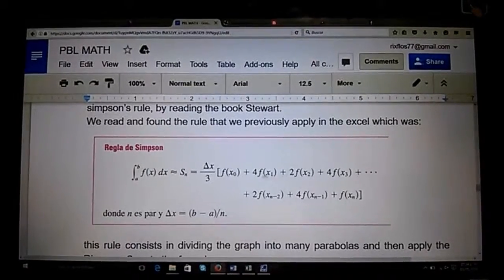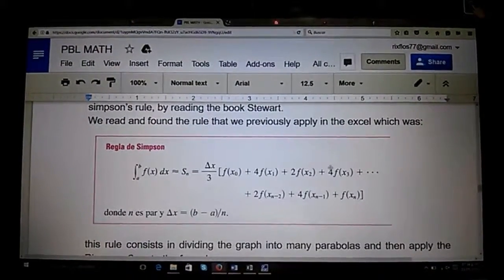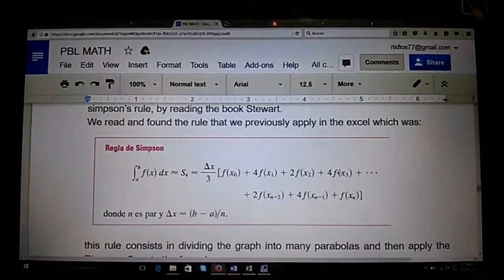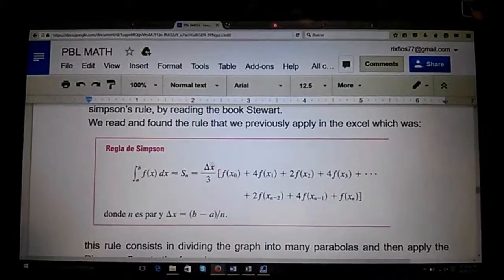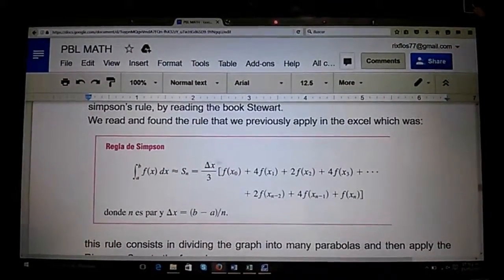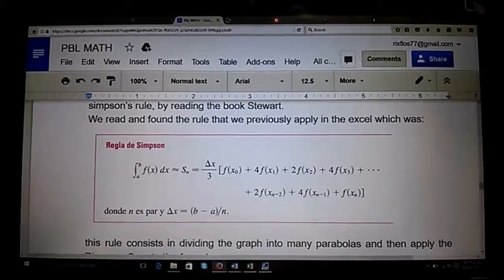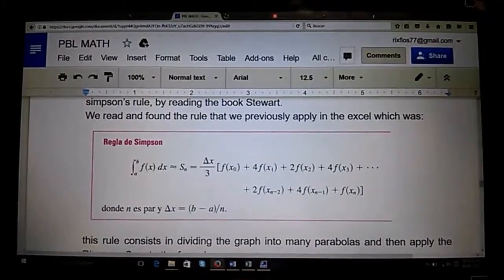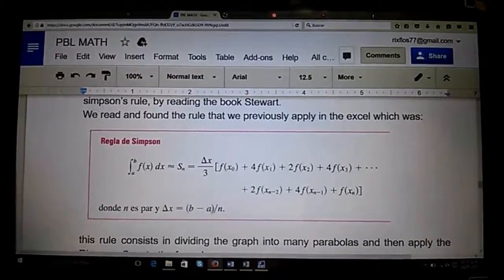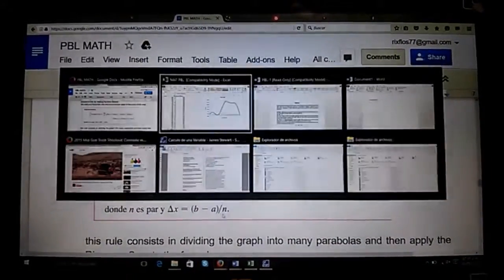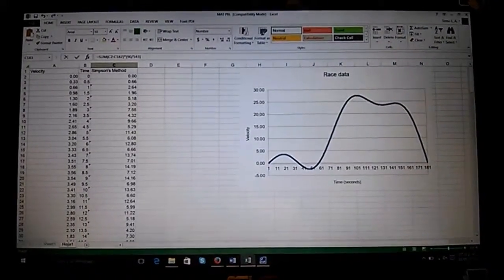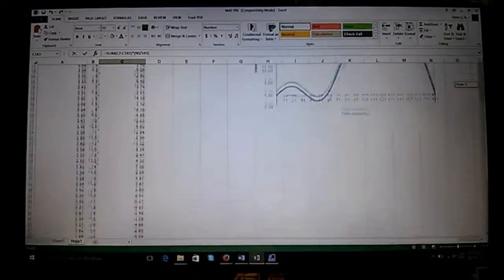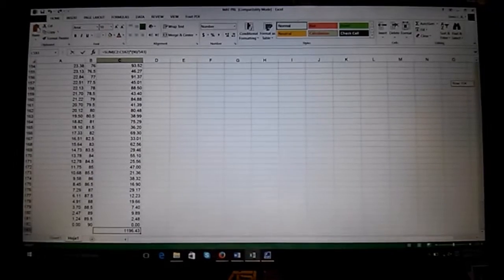Then we do the sum of all these values and multiply it by delta x. The value of delta x is b minus a over n. N is the total number of values that we have. In this case, the total number of values that we have is 181.